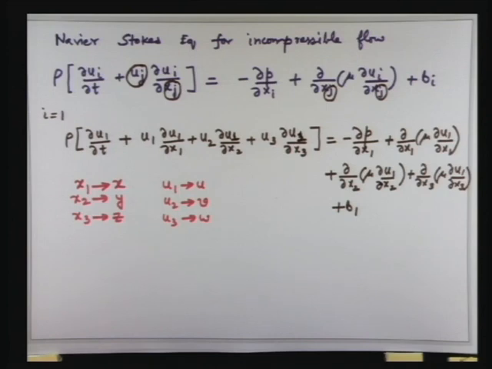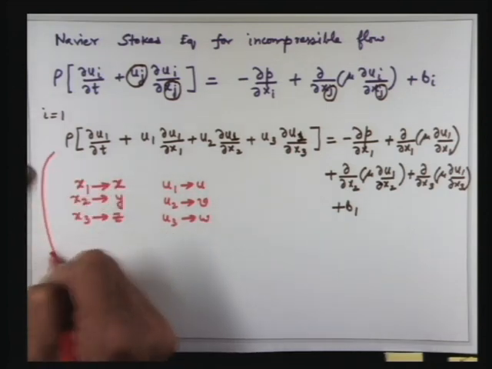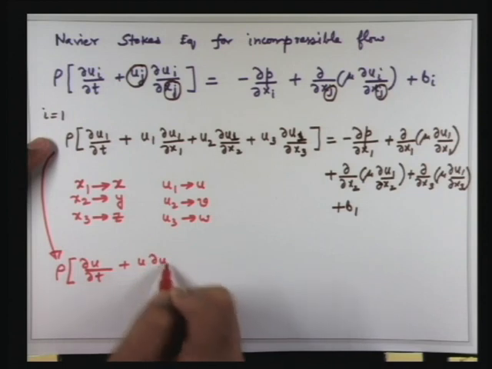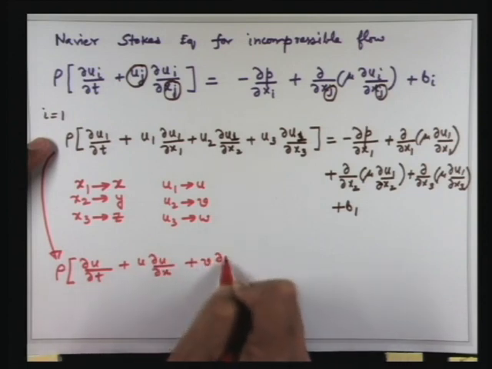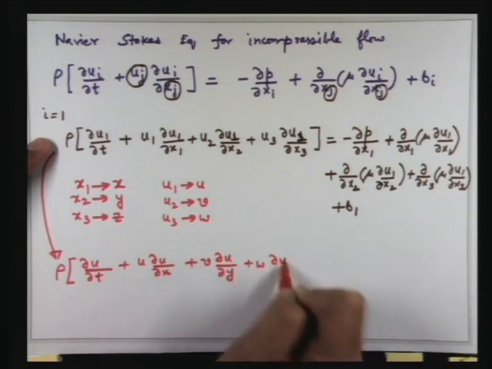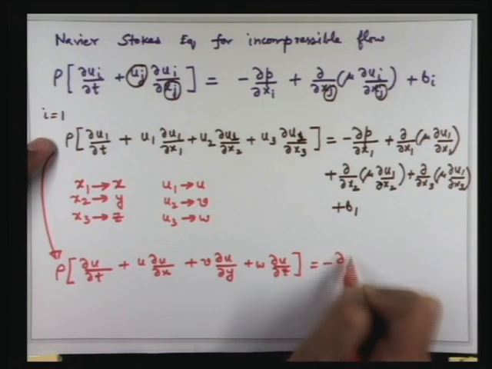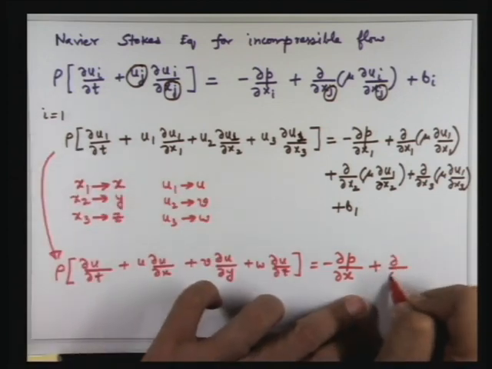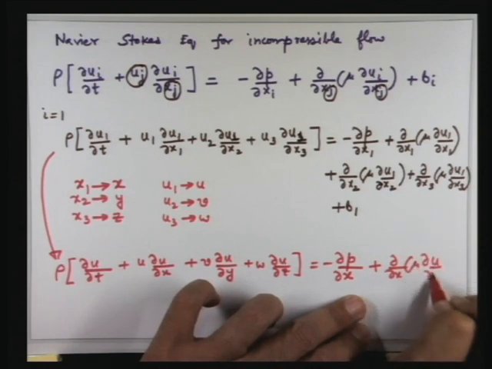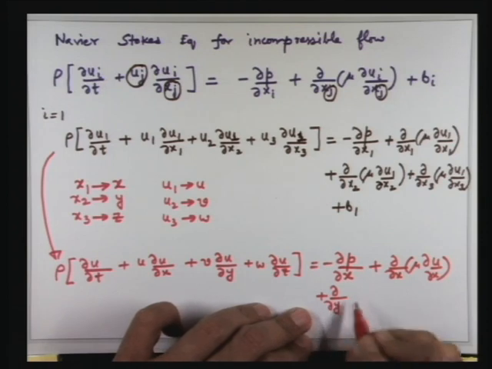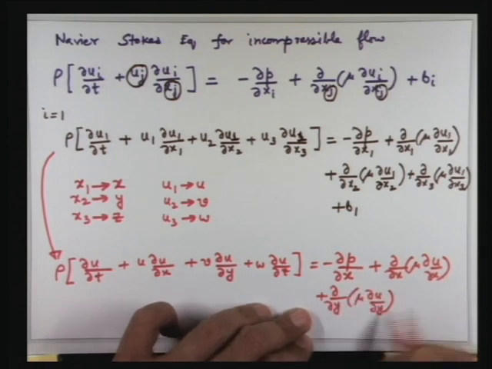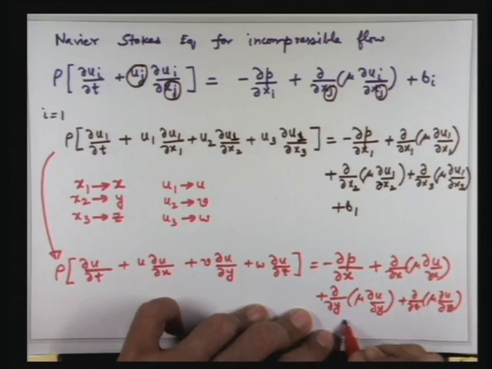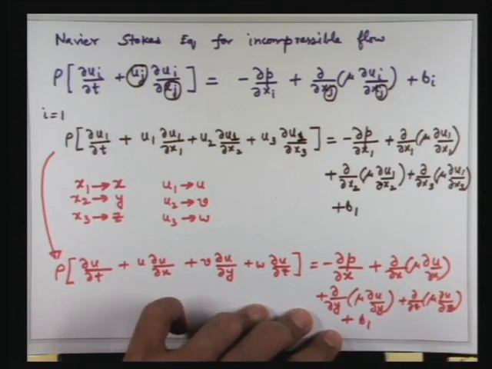So if we do that, it is possible to write this as rho del u del t plus u del u del x plus v del u del y plus w del u del z is equal to minus del p del x plus del x of mu del u del x plus del y of mu del u del y plus del z of mu del u del z plus bx.